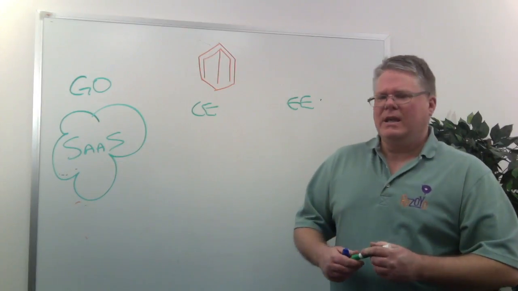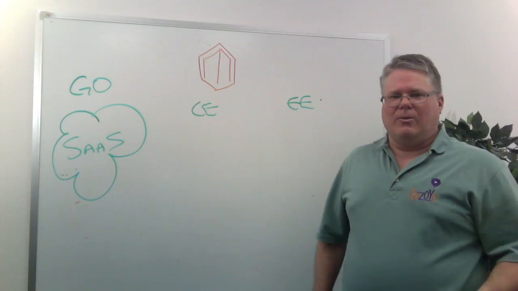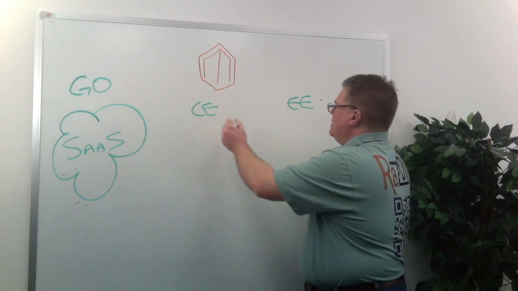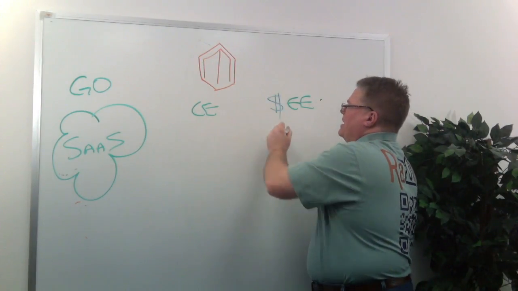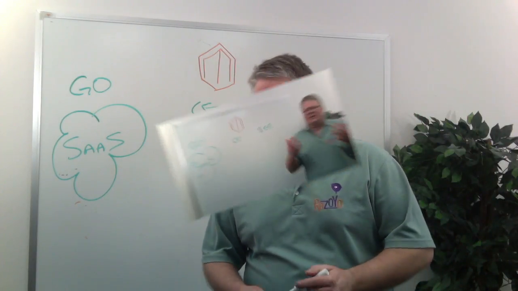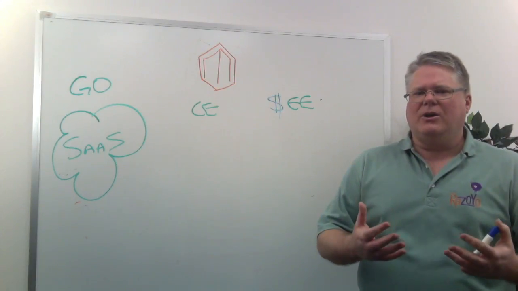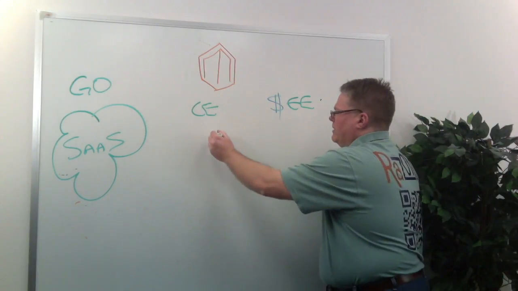A difference between Community and Enterprise Edition that most people notice off the bat is that Community Edition is free and Enterprise Edition costs about $15,000 a year for a software license. But the most important commonality between the two is that you download this software to a server.